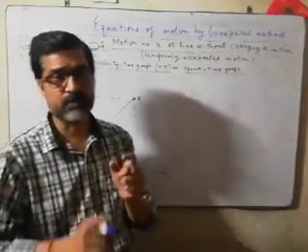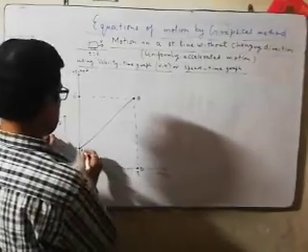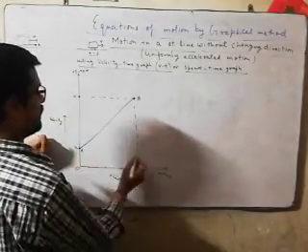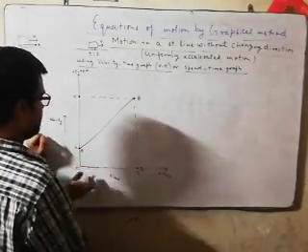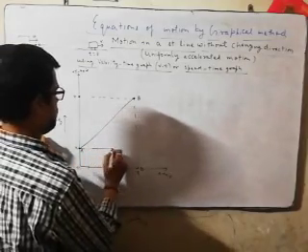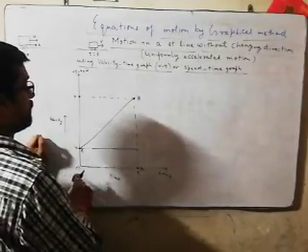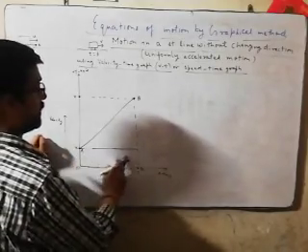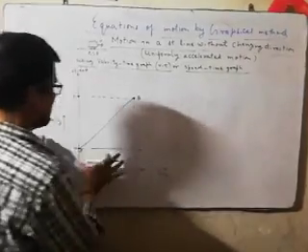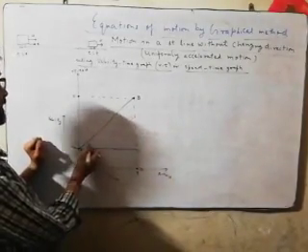So how will we find slope? For that matter, we draw a parallel line. Name it C, AC parallel to OD.